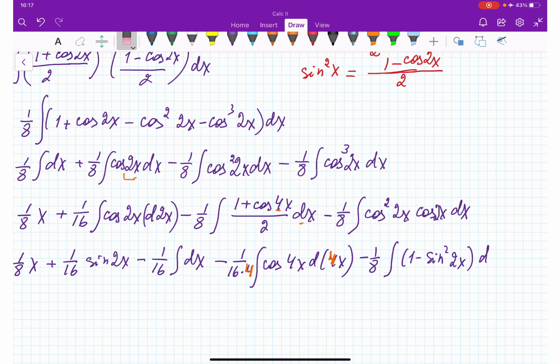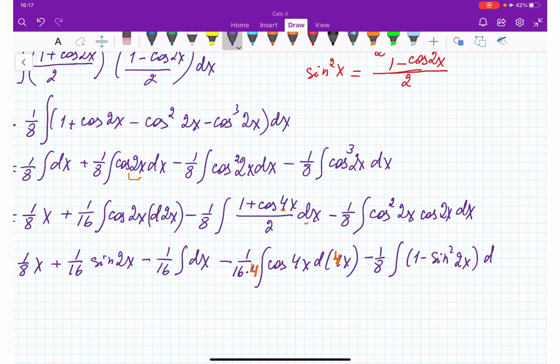Let me rewrite. I just noticed I missed. I'm also master of silly mistakes, missing here and there. Okay, so we are getting d sine 2x. Since we have sine 2x, let me put here 2, and here also multiply by 2 in the denominator, right?